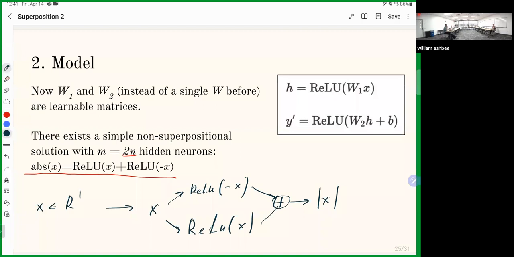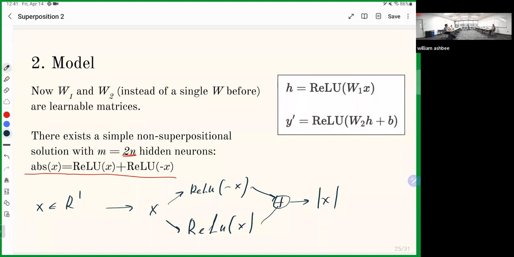You can use the nonlinearity to split one dimension into two parts, the negative part and the positive part. If you don't have a nonlinearity, you can't do that. On this slide, I'm actually trying to say that for learning the absolute function, there exists a fairly simple solution without superposition. We have enough dimensions in the hidden state, so we can do it perfectly like that. Right, but the example we're using is the positive part and the negative part.